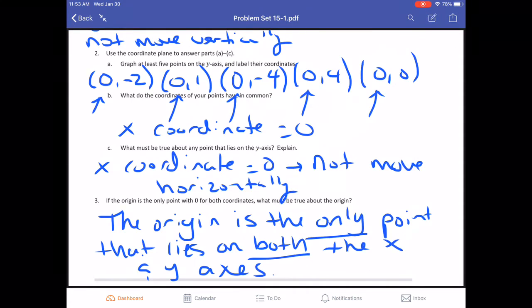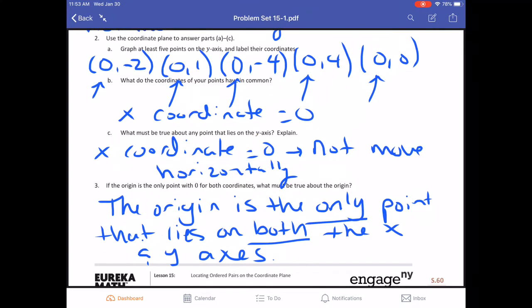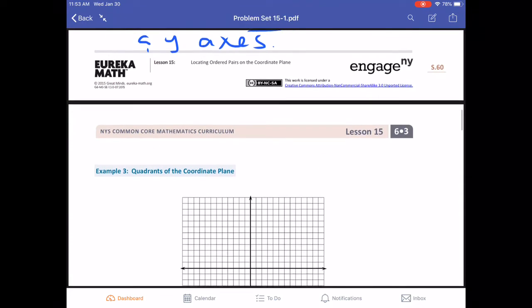Okay? So it's the only point that lies directly on both, and that's because it's where they intersect. And it's where we start counting.